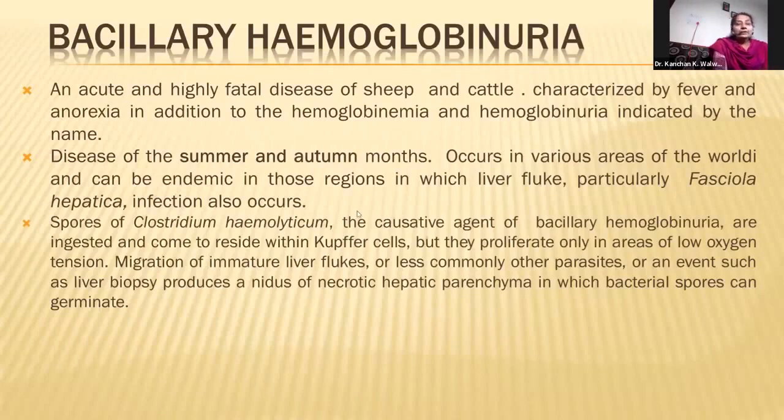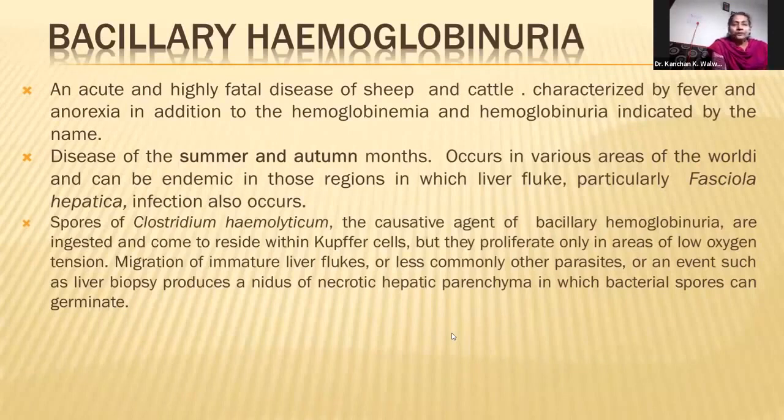So what happens, the eggs of the flukes are present, the animals take up the snails, and this metacercaria enters into the body and migrates to the liver. Now this fluke develops in the liver, in the bile canaliculi, and in the liver hepatocytes, in the hepatic tissue. While traveling, it creates a path which causes damage to the cells and tissue.